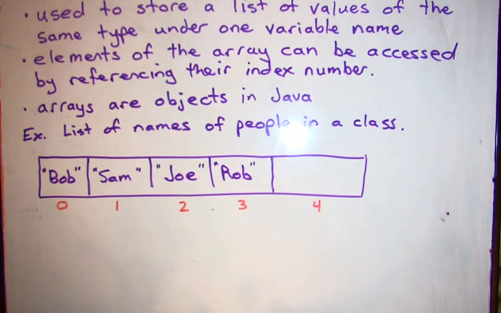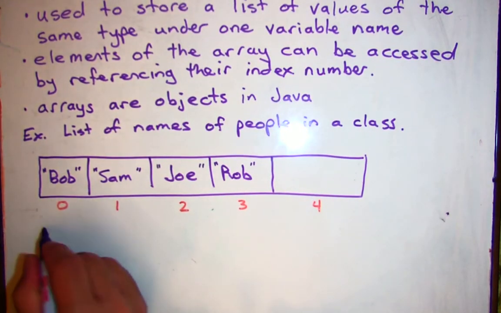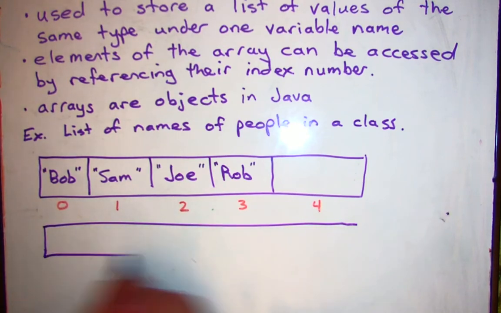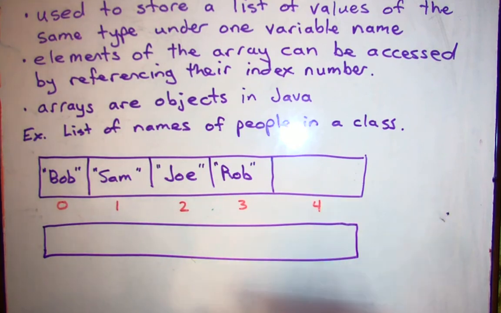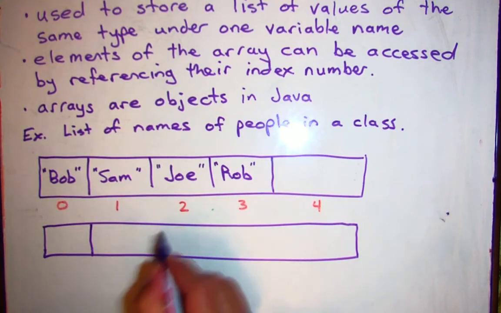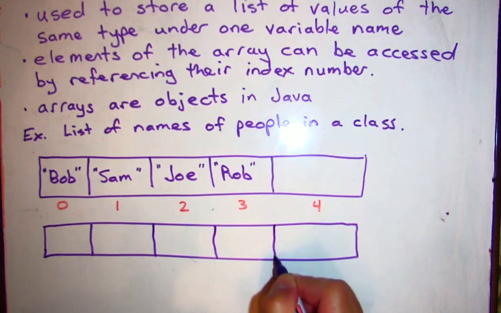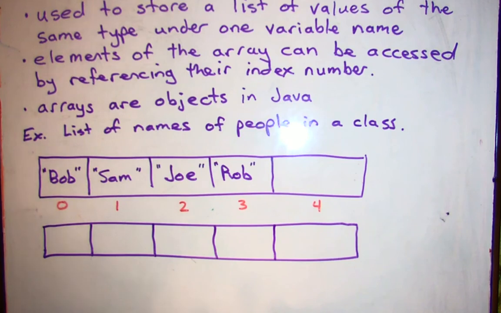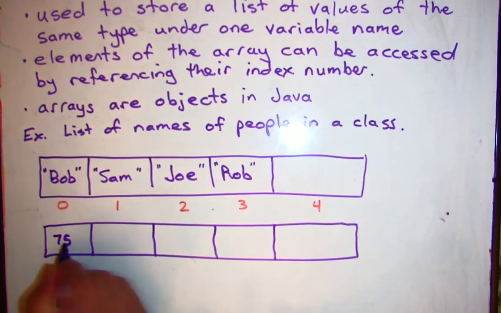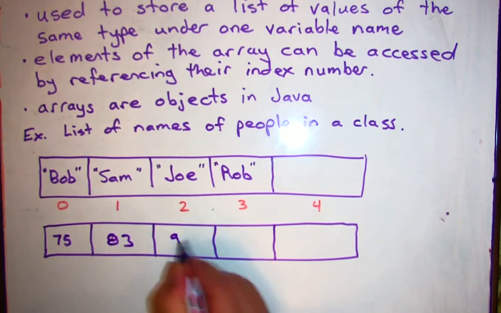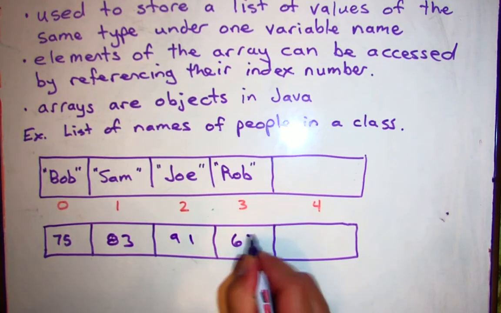So here's another example where I'm drawing these going horizontally across, but of course, this is just a visualization for humans. A computer doesn't actually store things like this at all, but it's convenient for us to look at it this way. So let's make this integer array store the marks for these people. So Bob has a 75, Sam has an 83, Joe has a 91, and Rob has a 67.